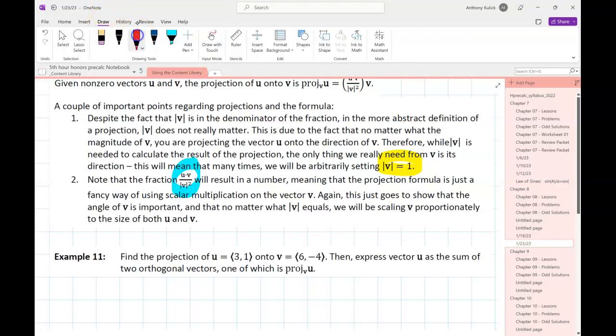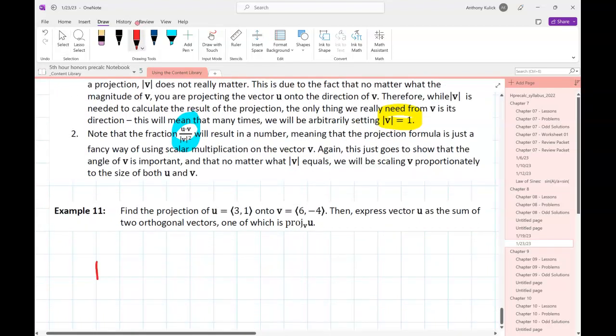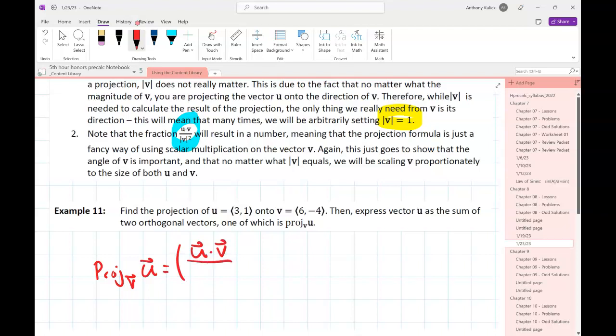All right. So here it says, find the projection of U onto V. Express U as the sum of two orthogonal vectors, one of which is the projection of V onto U. So I'm going to start with my projection formula.